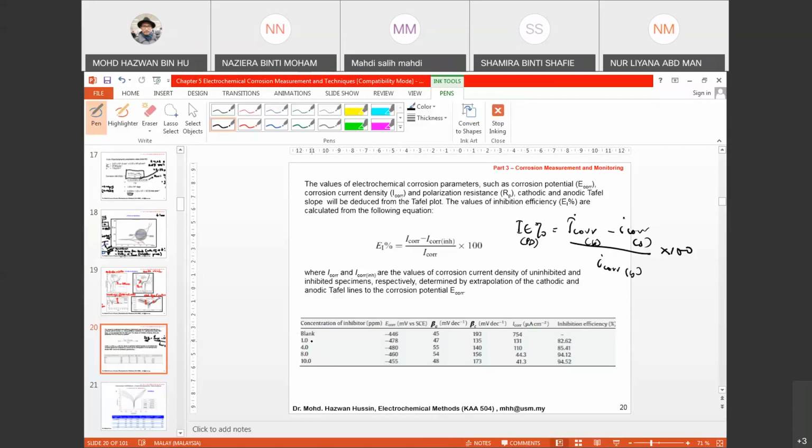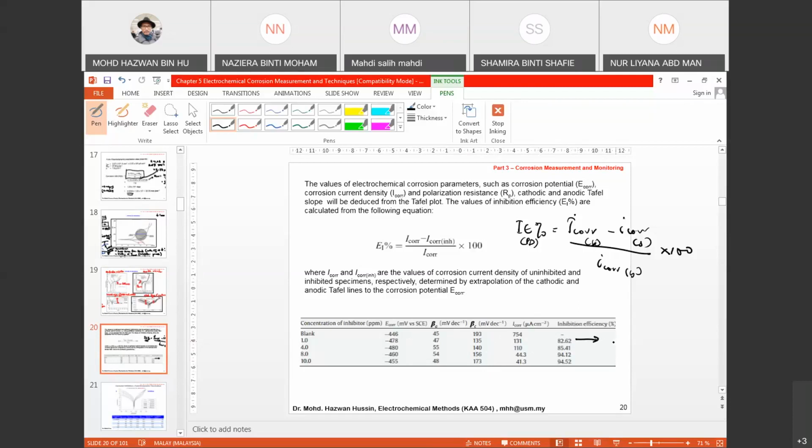And then you have a range of concentration 1 until 10. Over here, you are also provided with Ecorr values, beta A, beta C, and current density.